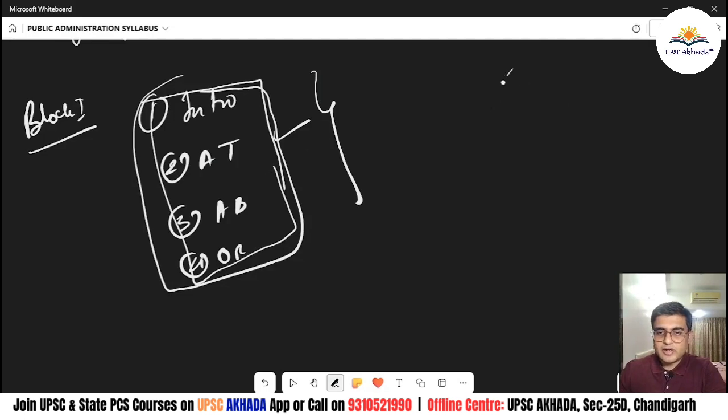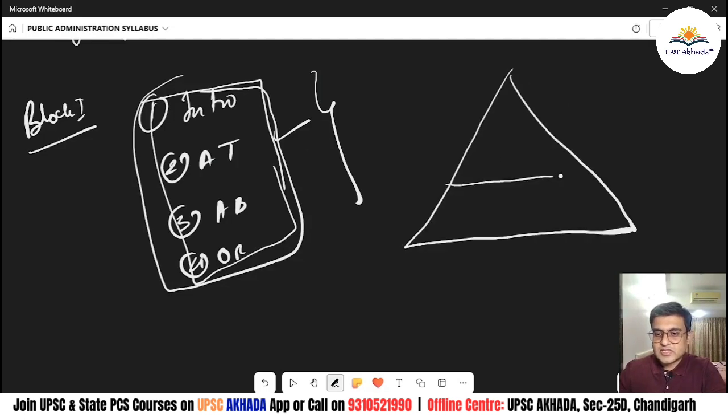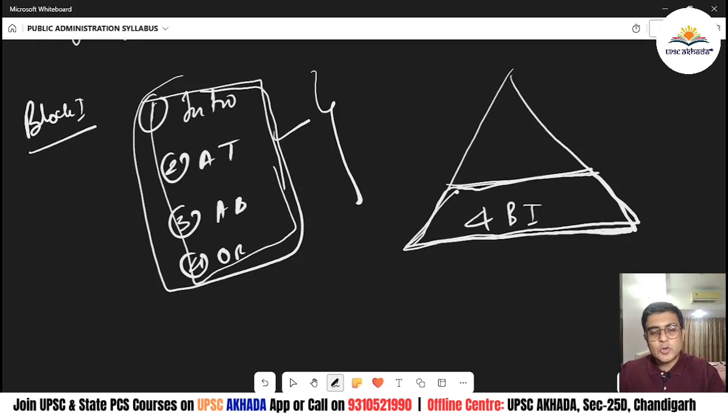So if we draw a triangle, the very base and the most important part of public administration are these 4 chapters of block 1. If this is clear, mark my word, you have a very good hold on public administration. Then if we further draw a block, there are the rest of paper 1 and here is paper 2.